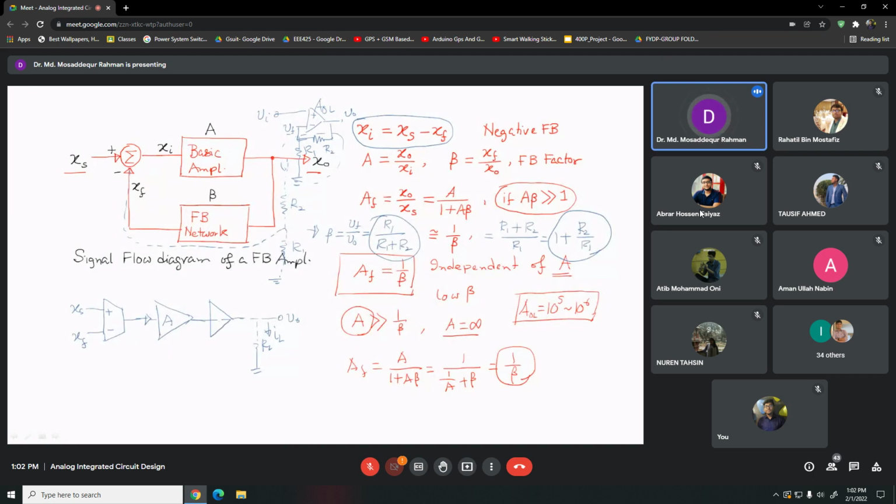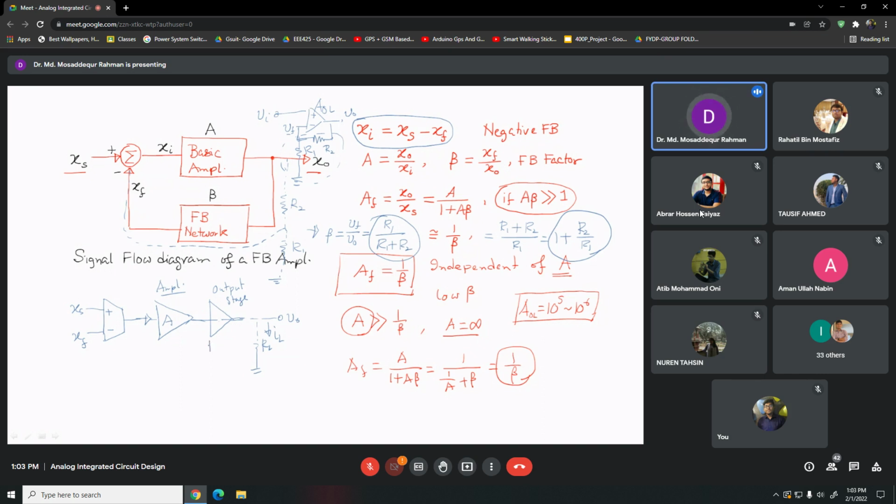add another stage at the output. So we have an output stage. So usually we have the amplifier here, that will enhance the gain, and then the output stage that will enhance the power.